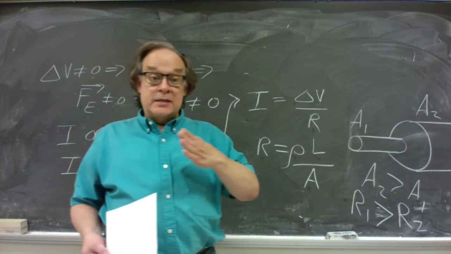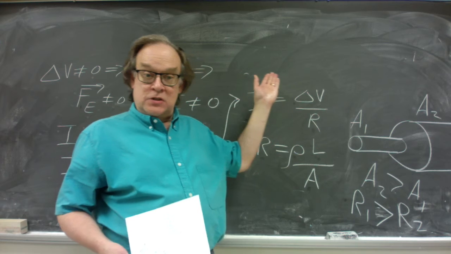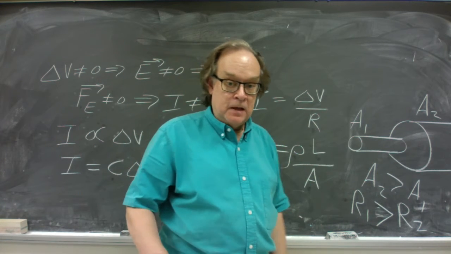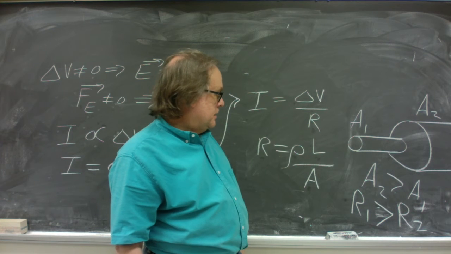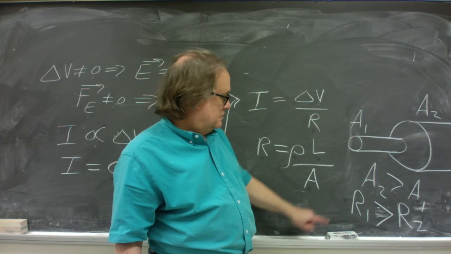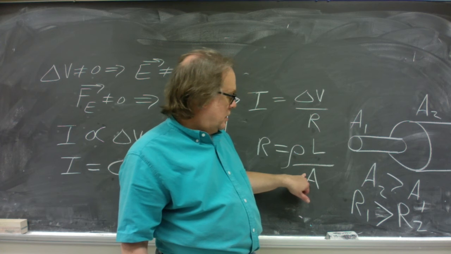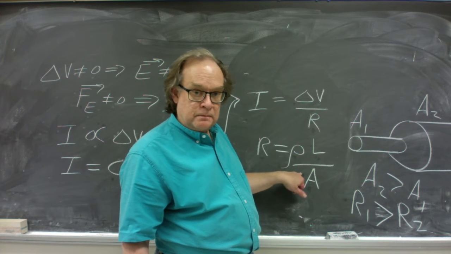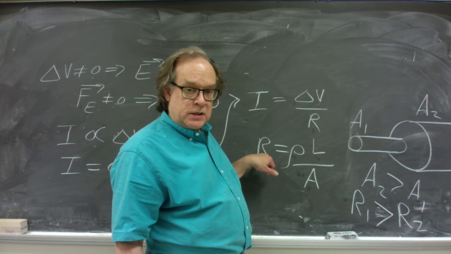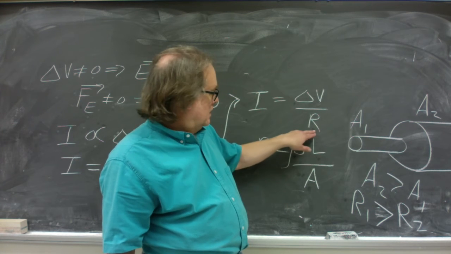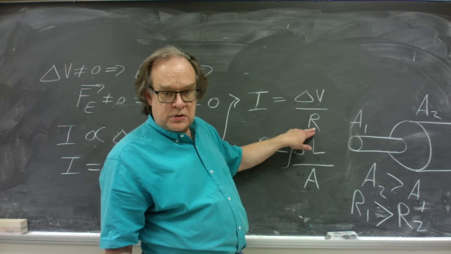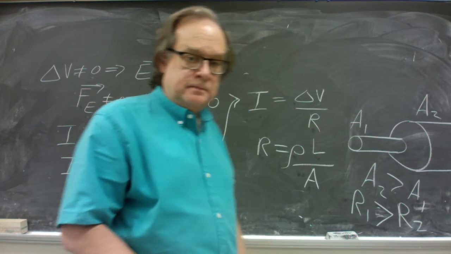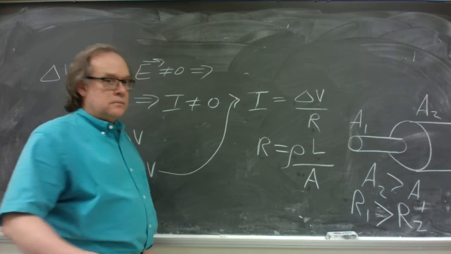Flow rate is the same everywhere, just as electric current is the same everywhere in the path, but if the area is bigger, then there's less resistance, and then less resistance will make it easier for current to pass through. You get more current.